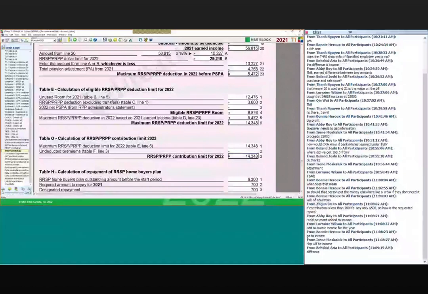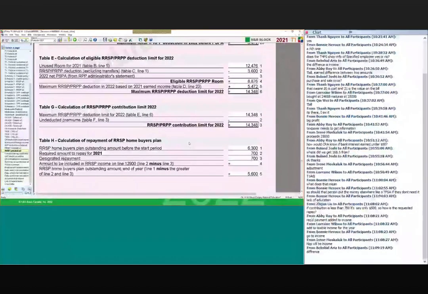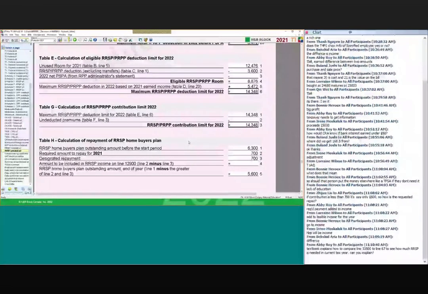Again, this is just an estimate. However, we would not use this number. Sometimes people might want to know the estimated RSP, how much room they have now. I think it's better to wait until you get your notice of assessment and always go by the CRA's calculation. Do you ever use the schedule very much, Man? Just sometimes, yeah, I just check it just in case there's something off.